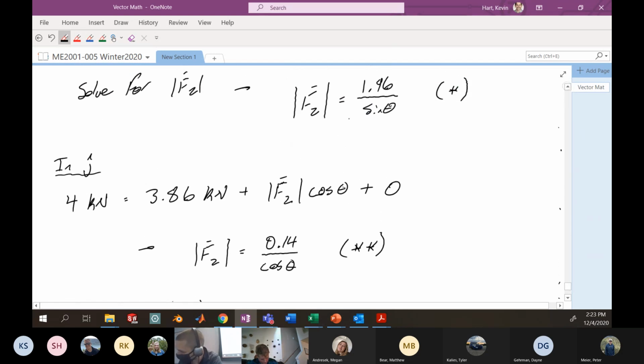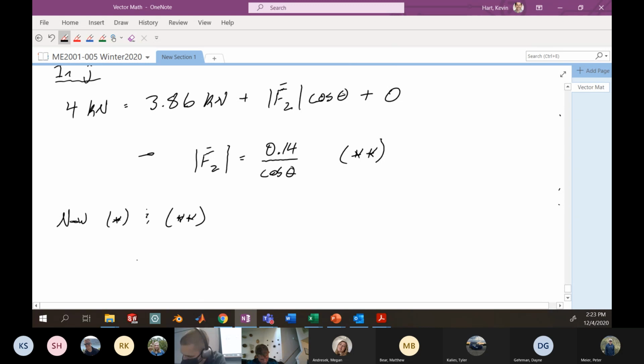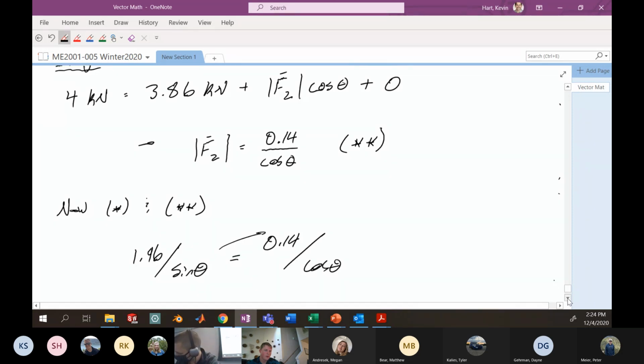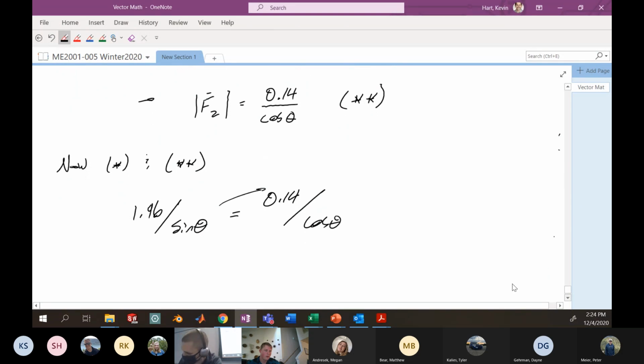Up here we have 1.96 over sine theta equal to 0.14 over cosine theta. If we bring the sine over to the right-hand side, we'd have 0.14 sine theta over cosine theta, which is just 0.14 times tangent theta. And so we get to 1.96 is 0.14 times the tangent of theta. You can solve for this and find that the angle theta here is 86 degrees.